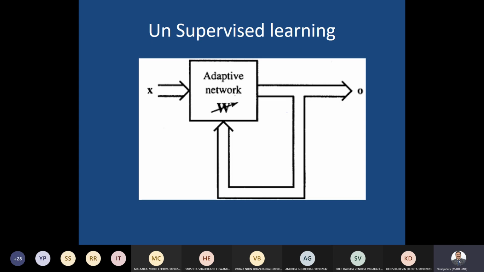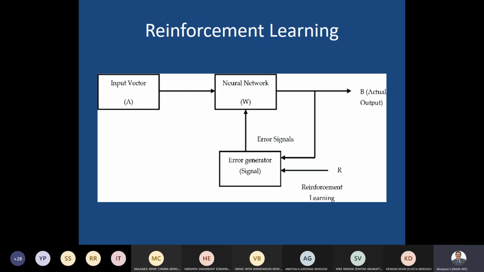You may have unlabeled data here, which you group based on similarity or based on some rules adapted in the model. That is said to be unsupervised. The term came because there is no supervisor or no target. That's the meaning behind that.